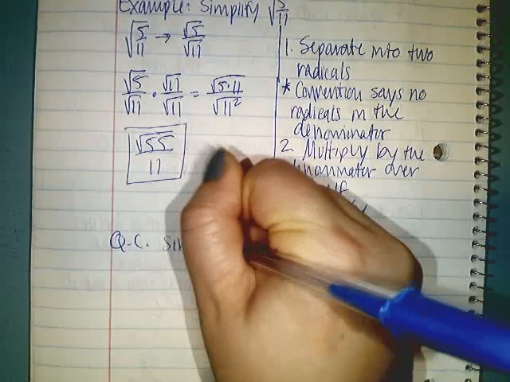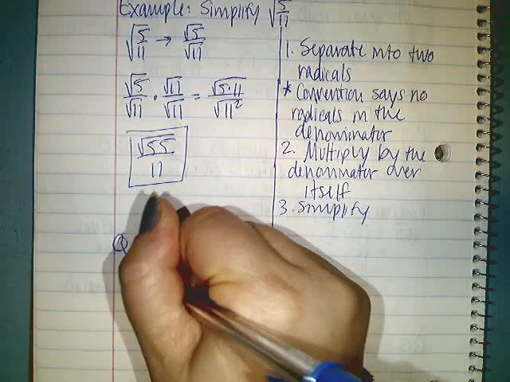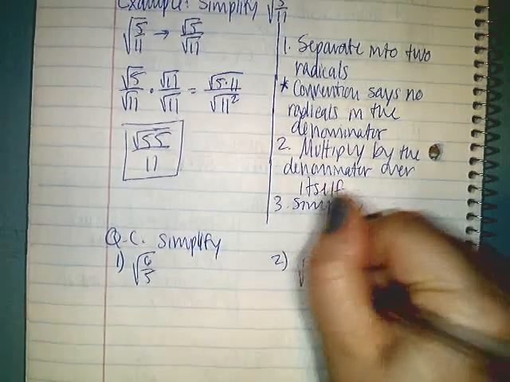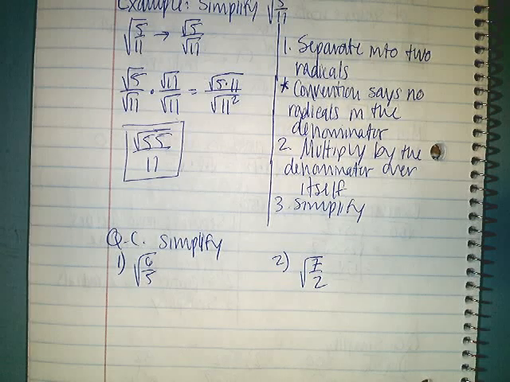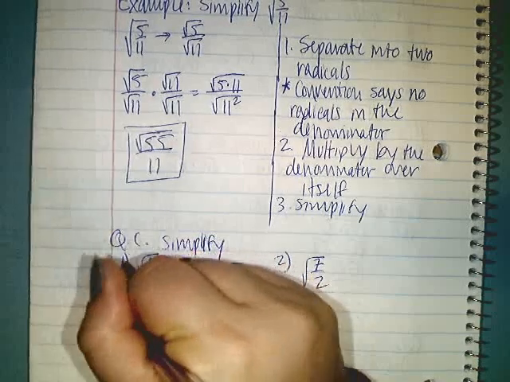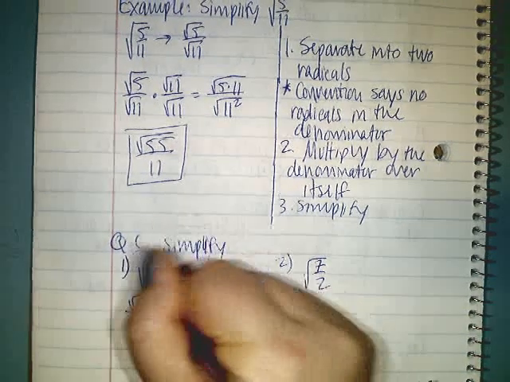So I want us to simplify, for the first one, the square root of 6 over 5, and for the second one, the square root of 7 over 2. So try those out. I'm going to go over them now. This becomes the square root of 6 over the square root of 5. I need to get that square root out of the denominator.